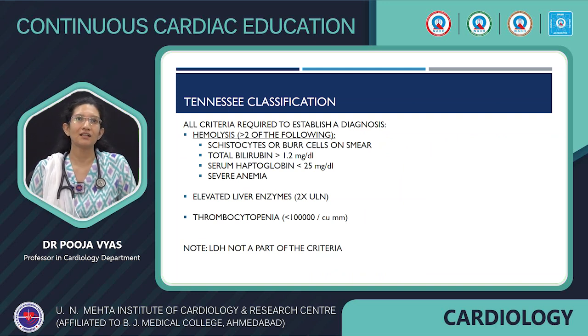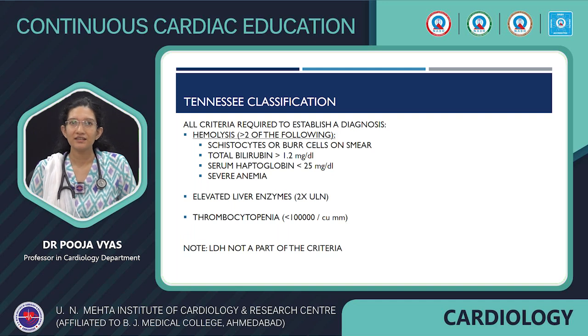One of these is Tennessee's classification, in which all criteria are required to establish a diagnosis. To diagnose hemolysis, more than 2 of the following criteria should be present: on peripheral smear examination, presence of schistocytes or Burr cells; haptoglobin less than 25 milligram per deciliter; presence of severe anemia; and total bilirubin more than 1.2 milligram per deciliter.